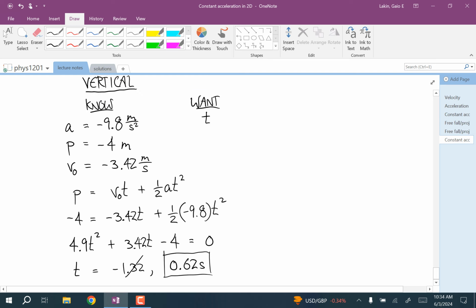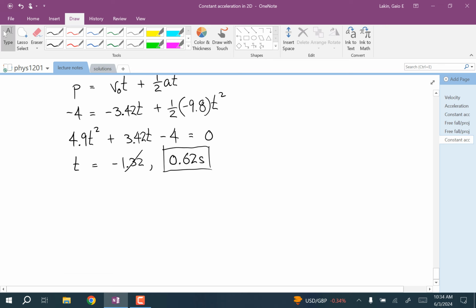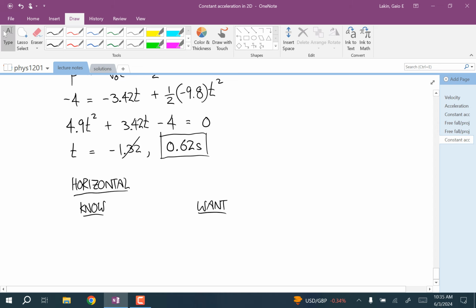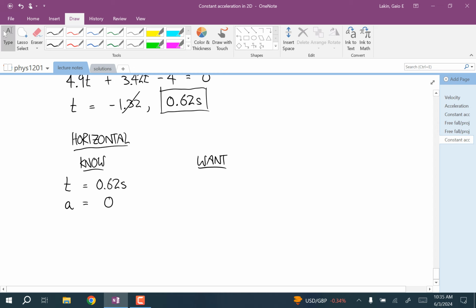Now that we have the elapsed time, we can plug this into the horizontal equations. So we know t is equal to 0.62. This is the horizontal one, so a is equal to 0.